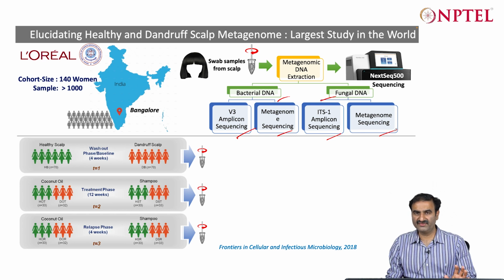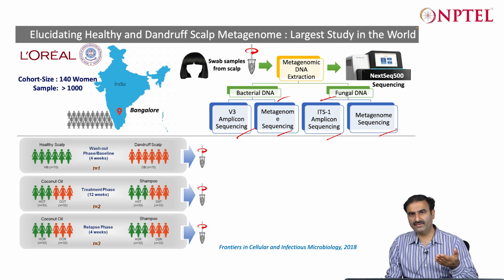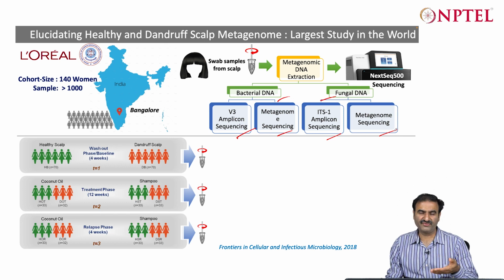The study found that healthy and dandruff scalps can both harbor the same kinds of bacteria and fungi, but the proportion of those bacteria and fungi varies in healthy and disease conditions.